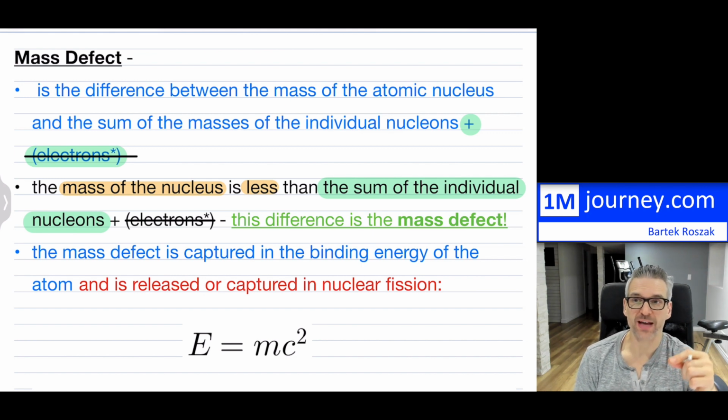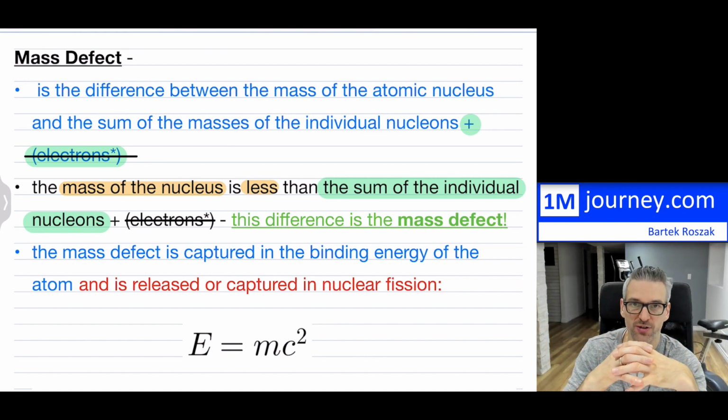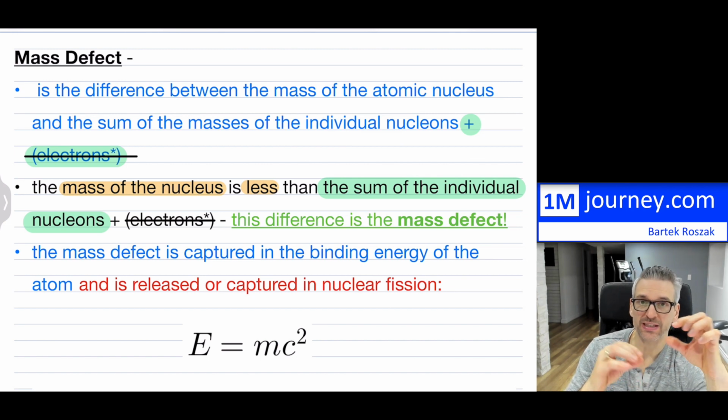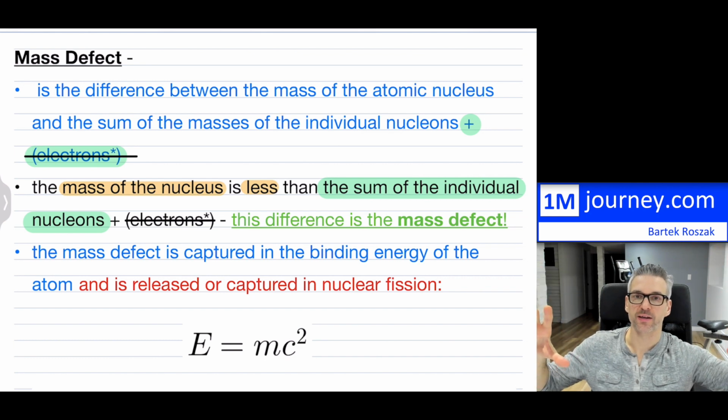So why would that be? Well, the reason is that if you bring these things together into a nucleus, it is actually different from these individual components when they were separated all apart. If they were separated all apart, they have a certain amount of mass.